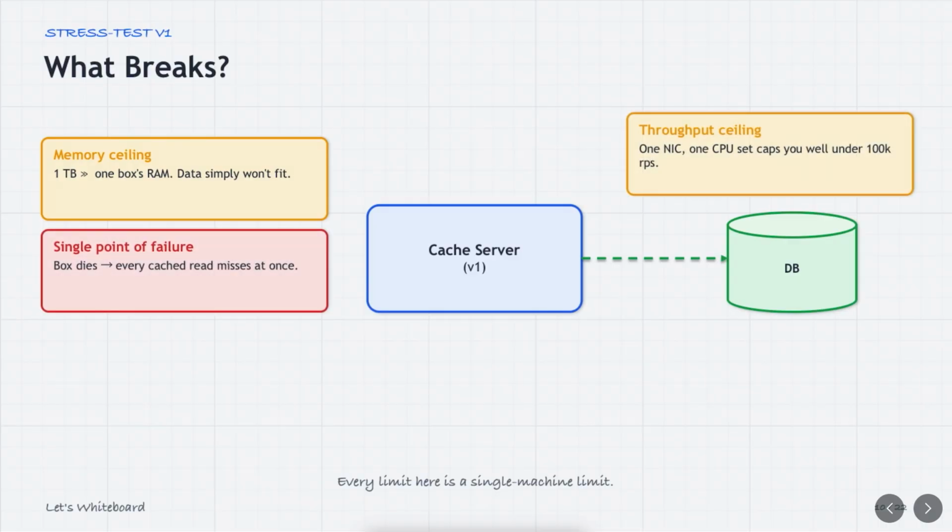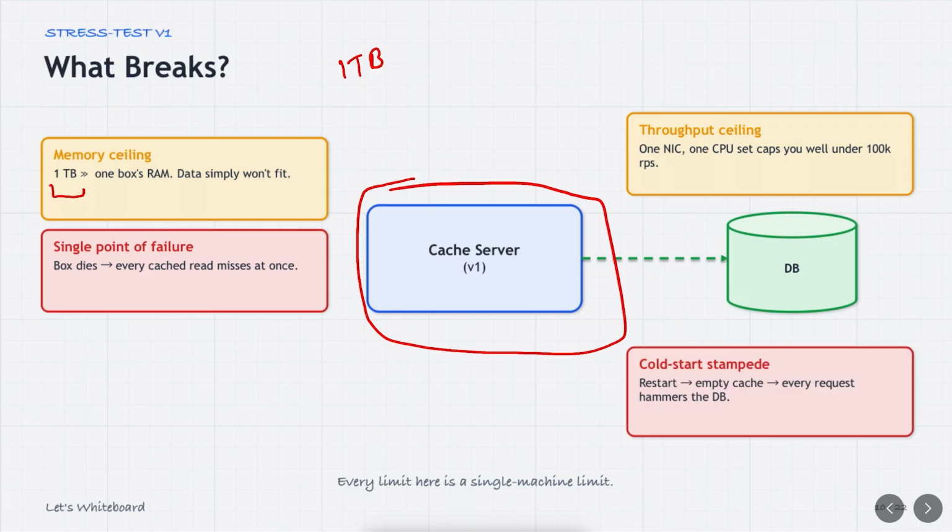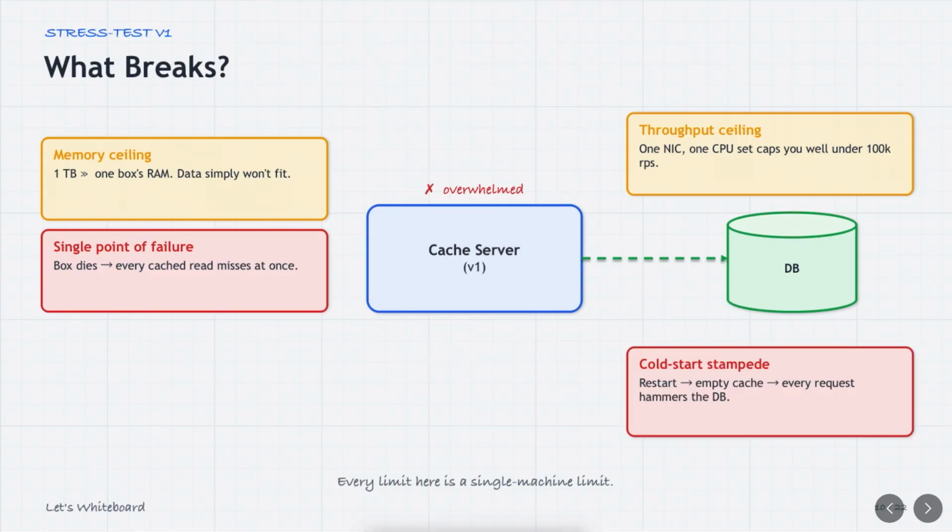First problem: we want to be able to handle 1 terabyte of storage. It's not possible for one box to provide such high memory availability. The second is we might not be able to serve 100K requests per second. Now let's see what would go wrong if we just use a single cache server. There were certain requirements we were trying to solve, which was 1 TB of data.